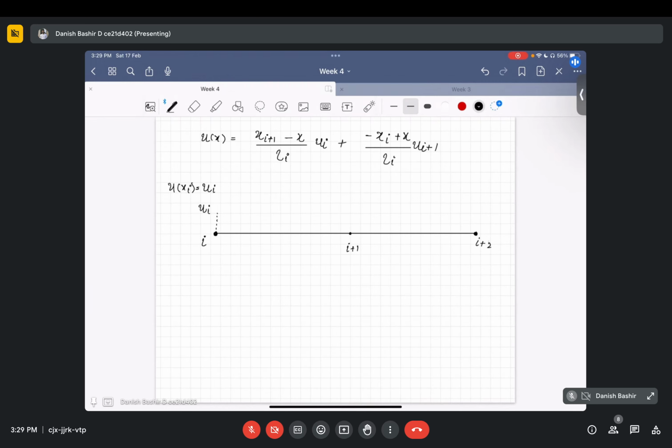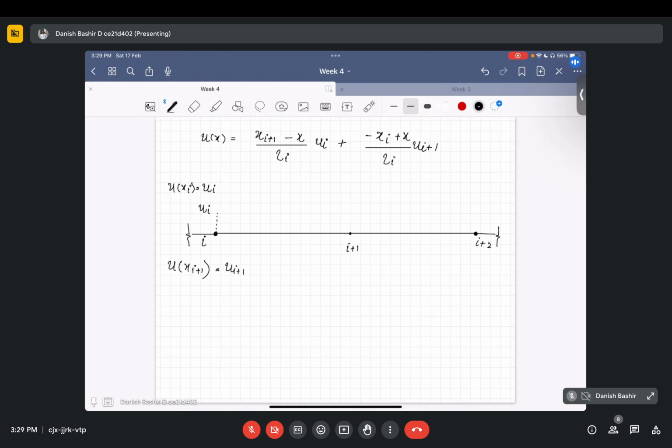Okay, and then this is continuing from this side as well, and this is continuing from this side as well. We have taken this generalized from some problem. Okay, so this will be I plus 1. It is ui here, and the solution at point xi plus 1 will be equal to ui plus 1.